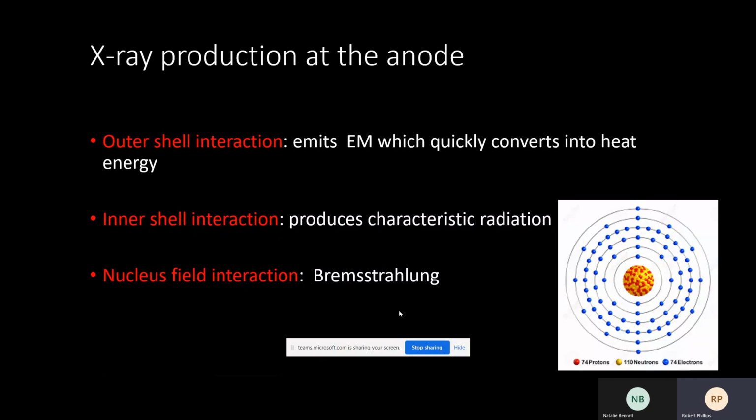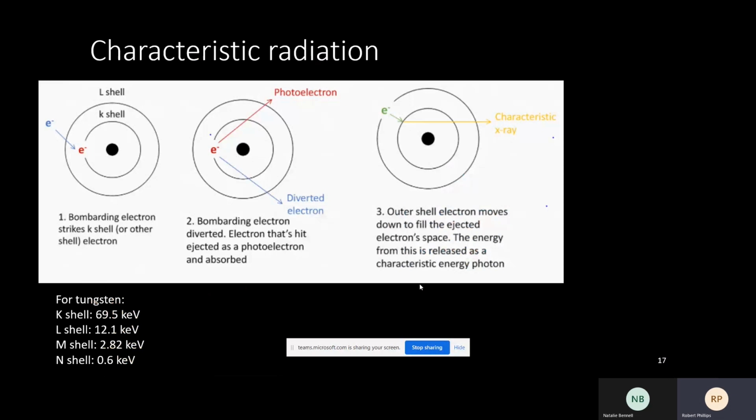So this is how characteristic X-ray is produced. This blue electron, the bombarding electron, strikes the K shell and gets diverted. The electron that is ejected is called a photoelectron, and it gets absorbed within a few millimeters. And this void is filled by the outer shell electron, which moves from the upper shell towards the lower shell, and the characteristic X-ray is released.